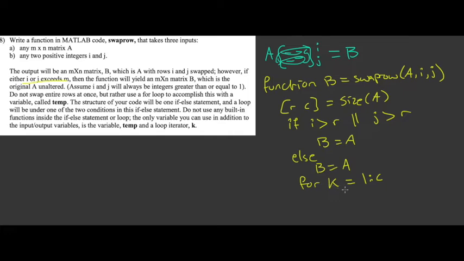So K, which is representing the columns going 1 through C, we're going to say B of row I, column K, so K is going to represent the first time, column 1, is going to equal A of row J, column K, and then we're going to say B of J, K is equal to A of I, K. Right?